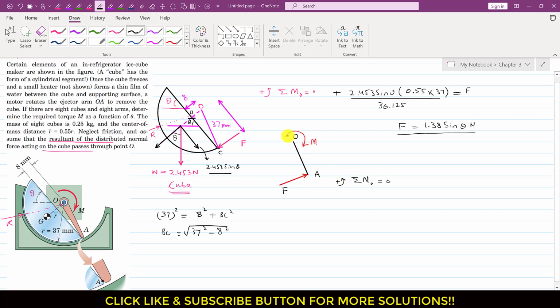As we can see, this moment is clockwise, so I will write minus M, and this force is producing counterclockwise moment about that point O. So I will write plus, the F magnitude is 1.38 sine of theta, and the perpendicular distance of this force F from that point O is what we have already determined, which is 36.125. This BC was 36.125. So we will multiply this with 36.125 and this is equal to 0.